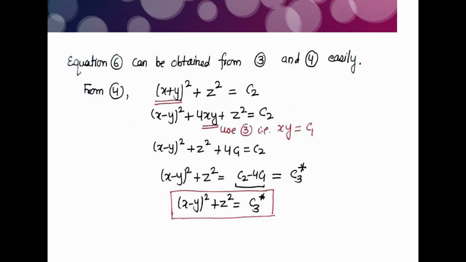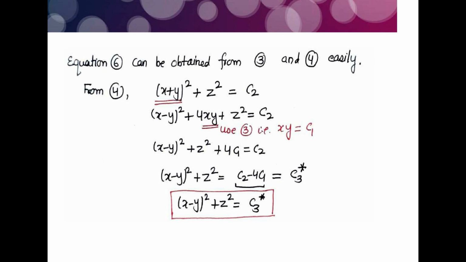In this example, we have calculated three integral curves given by equation number 3, equation number 4 and equation number 6. Here we observe one thing, that equation number 6 can be easily obtained by equation number 3 and 4. Let's see.